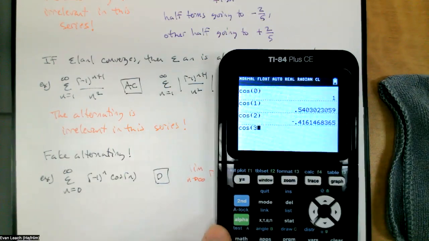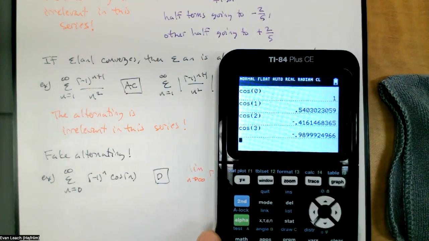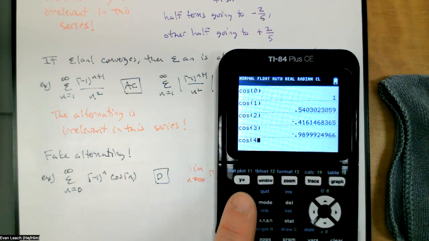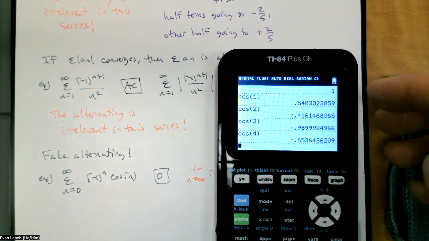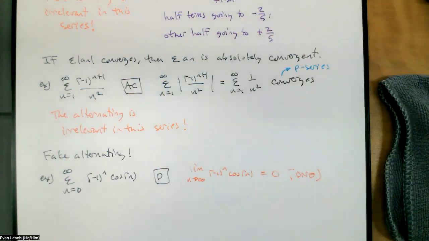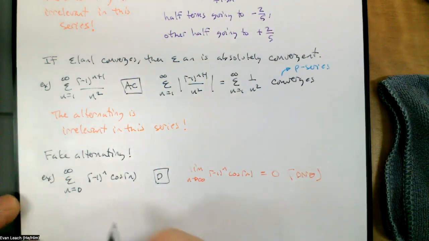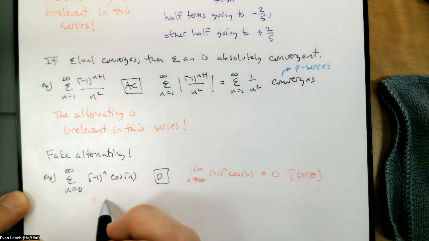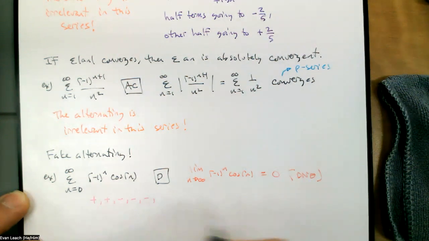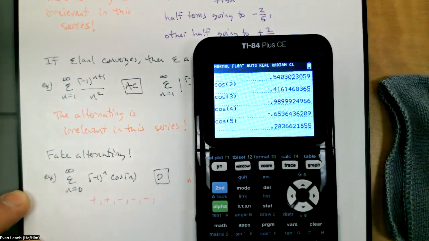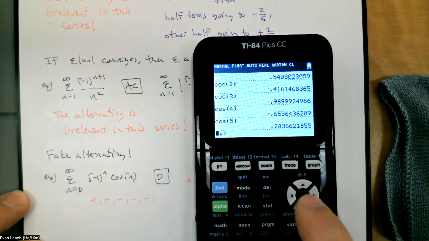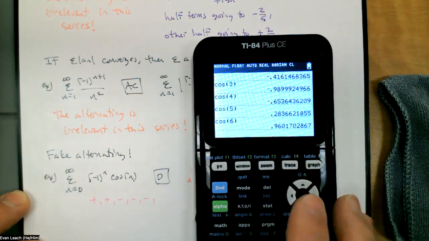Cosine of 3 is also negative because we're still in the second quadrant. Cosine of 4 is also negative. So we have positive, positive, negative, negative, negative. That's not alternating. It doesn't matter that I multiply the first one by 1 and the next one by -1. The terms are positive, positive, negative, negative, negative. And then we're back to positive for 5 because we're back in the fourth quadrant. And we're still in the fourth quadrant for cosine of 6.